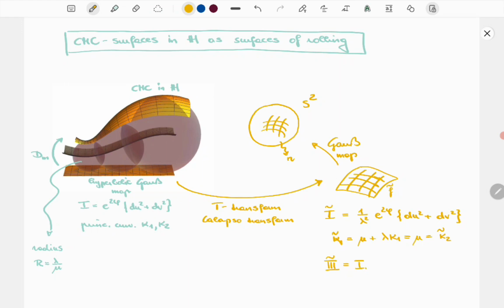This is I_n, and this is nothing else than mu squared over lambda squared times e to the 2 phi times du squared plus dv squared in this case. So this is 1 over the radius squared times the metric of the hyperbolic Gauss map.